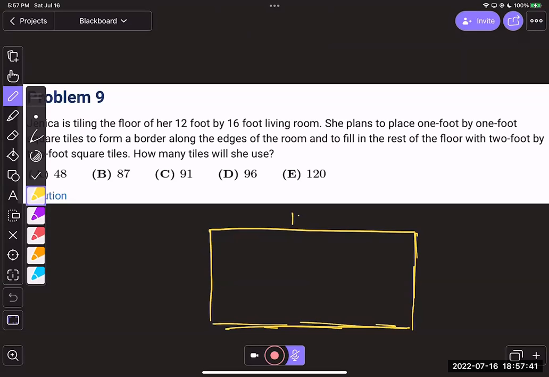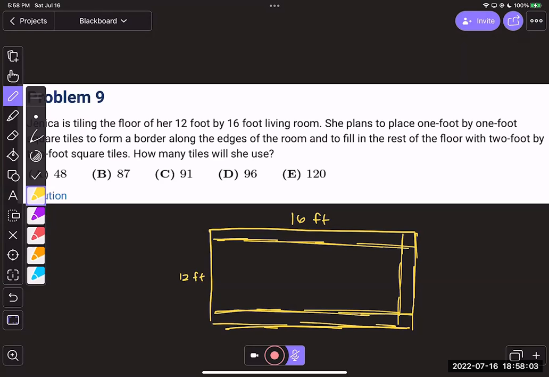So that means that all the tiles that are touching the border are 1 foot by 1 foot tiles. Right, so how many tiles are there going to be here that are 1 foot by 1 foot? How many tiles are there on the outer edge? 52. And how did you get that number?